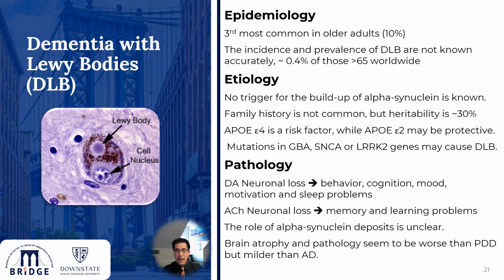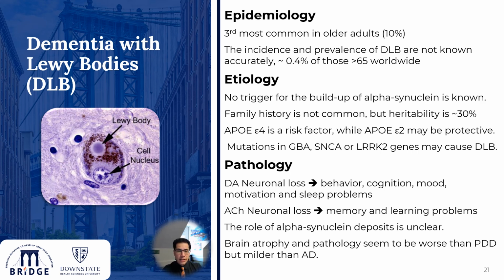Family history is actually not common, but the heritability can be up to 30%. One risk factor we know of, aside from advanced age, is the ApoE4 allele, while ApoE2 seems to be protective. There are other genetic mutations that may cause it as well.